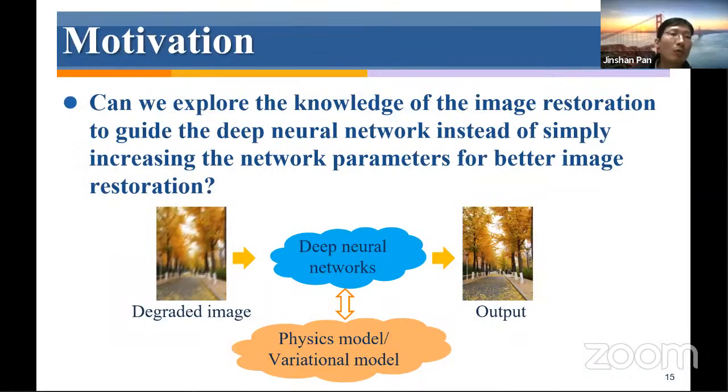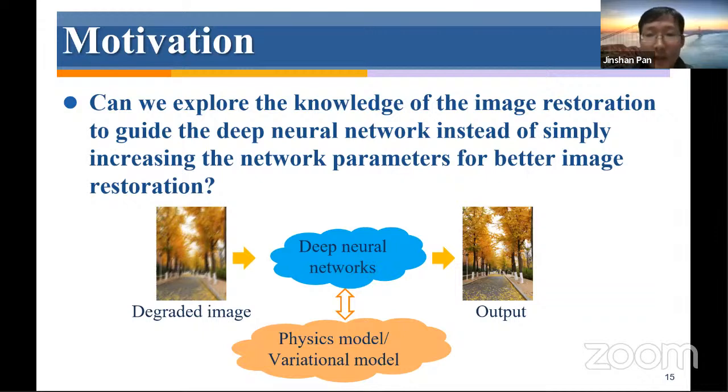So since both the prior-based approach and the deep learning-based ones have advantages and limitations, it is of great interest to keep their advantages and avoid their limitations.